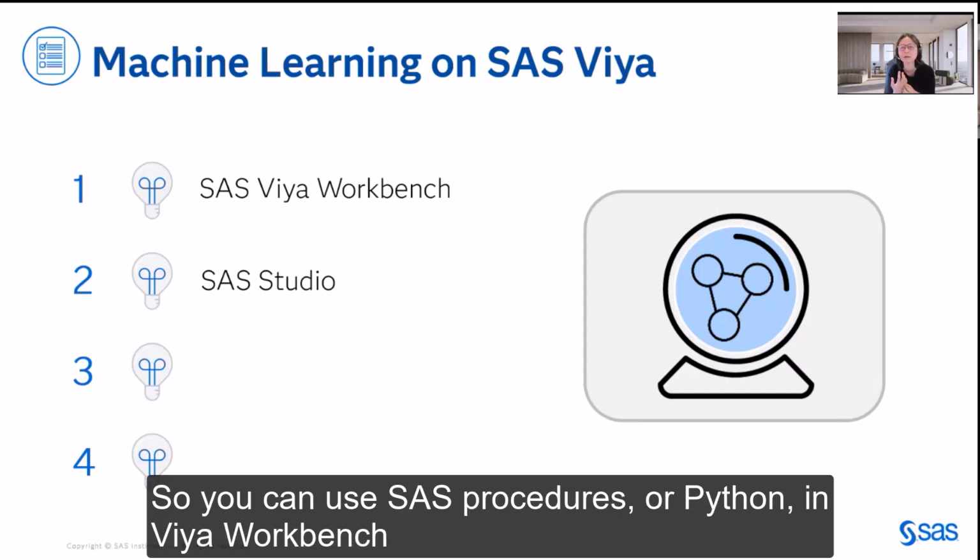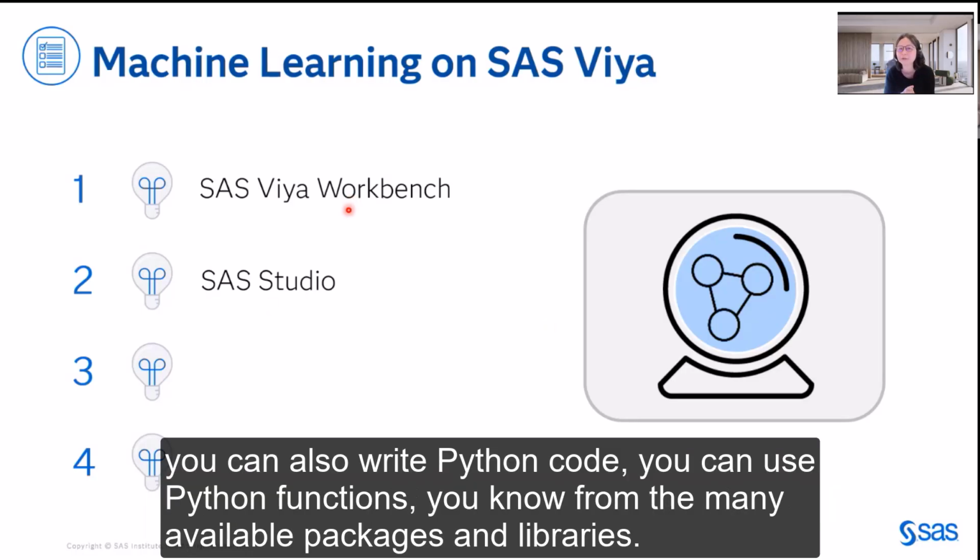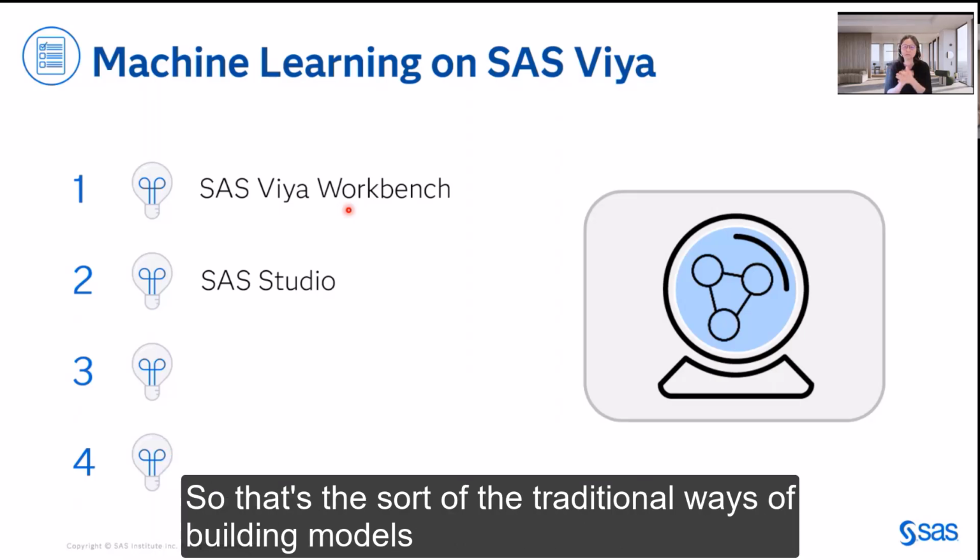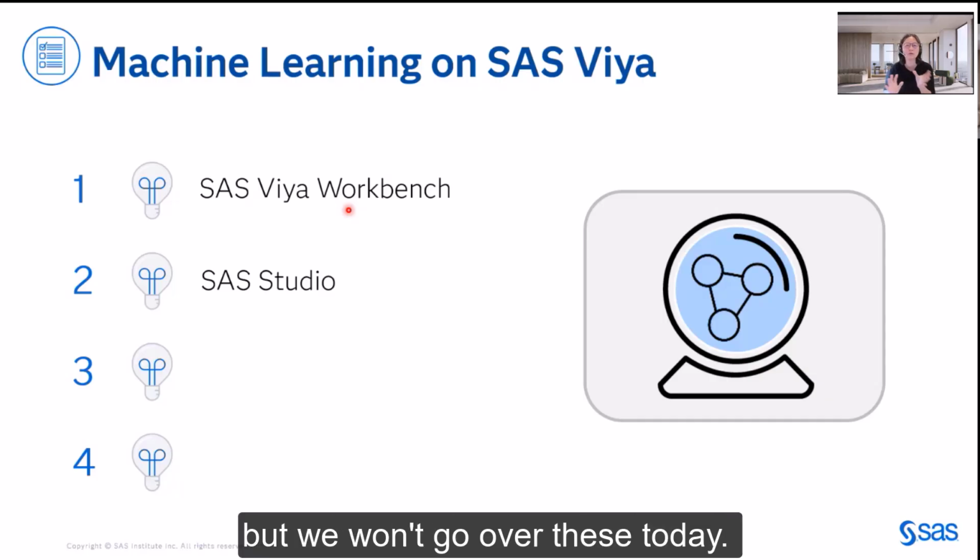You can use SAS procedures or Python in Viya Workbench. You can also write Python code, using Python functions from the many available packages and libraries. So that's the traditional way of building models, but we won't go over these today.